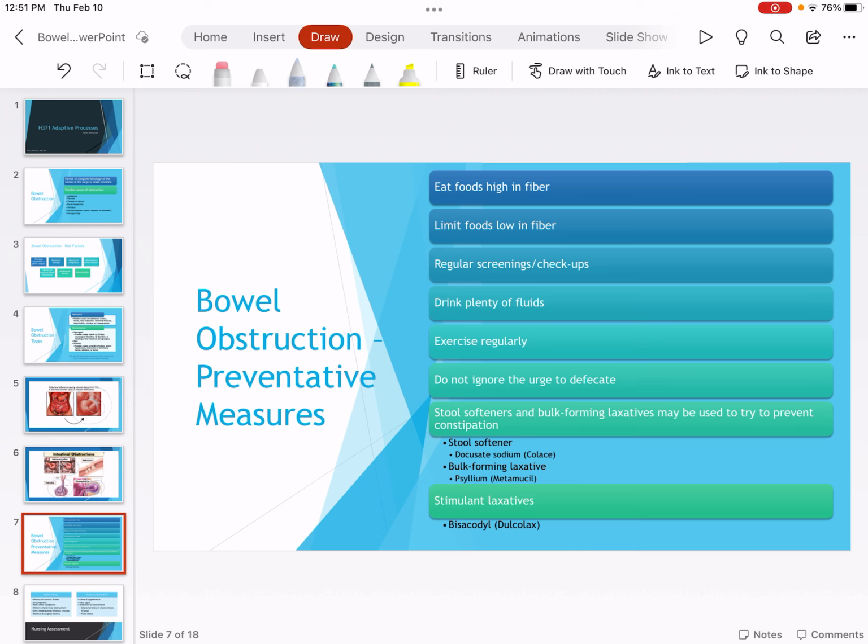That's a more common issue in infants and young children. And then there's the volvulus, which you can see here. That's really where the intestines get all wrapped up around themselves. And you can see why that would definitely increase the risk for ischemia to that bowel tissue.